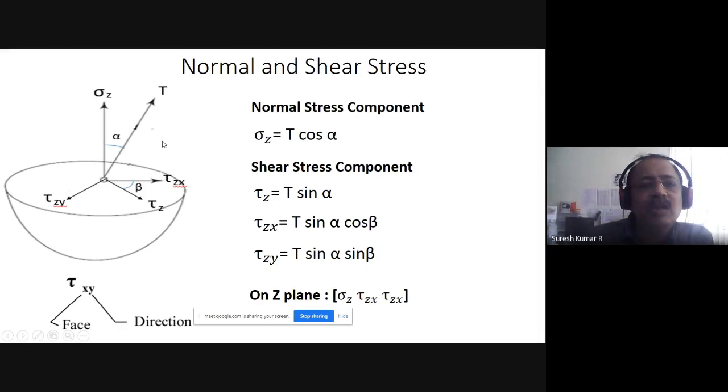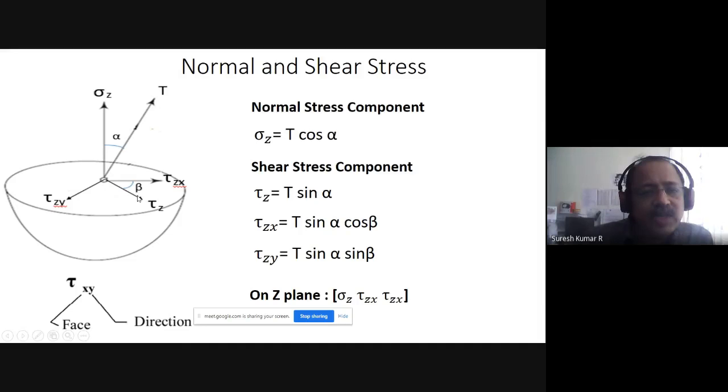If I resolve this along a direction perpendicular to this plane, we call it sigma z. Sigma z is equal to T cos alpha. That is the normal stress component. Then if I resolve it along the plane, it is called the shear stress component. Tau z is equal to T sin alpha.